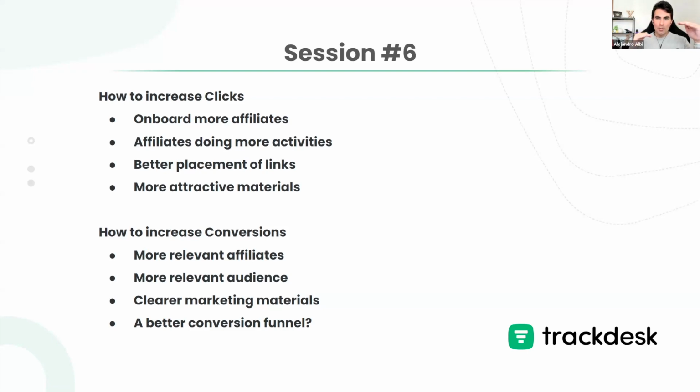But if the affiliate program converts below the standards of your website, then maybe you need to create a separate landing page for the affiliates to send traffic to, that will talk in a different language or present the products in a different way. So think about all these things, and these are typically the problems we see when someone is not generating enough clicks or not generating enough conversions.